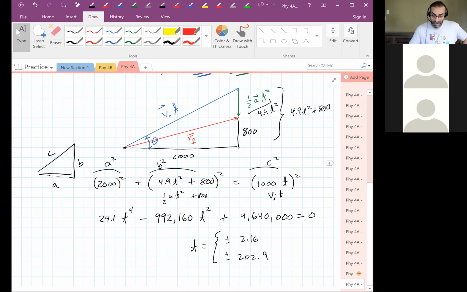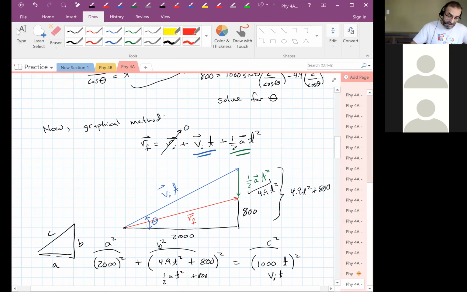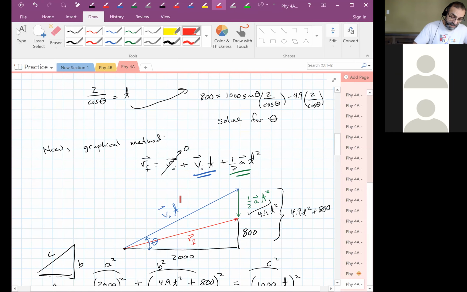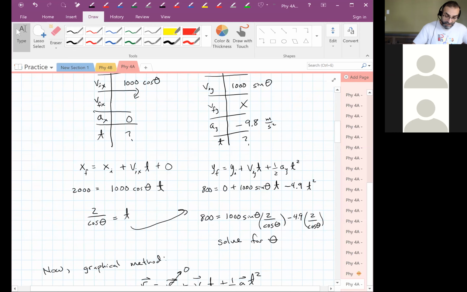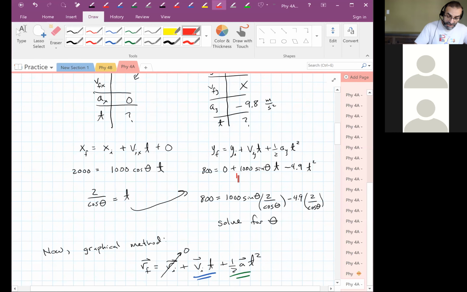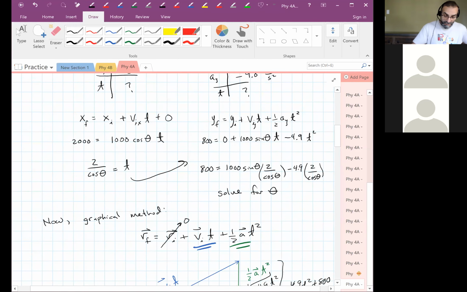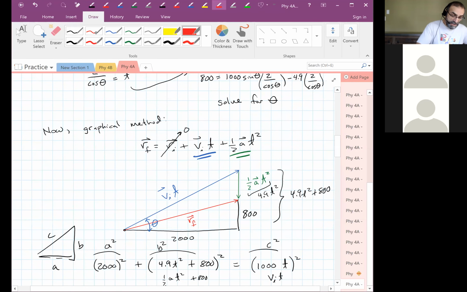And then the hypotenuse is 1000 t, because the hypotenuse is just v initial times time, right? V initial in the x direction is 1000 sine theta. V initial in the y direction is 1000 cosine theta. But here I don't care about x and y. I just want v initial. So v initial is 1000. It was given.